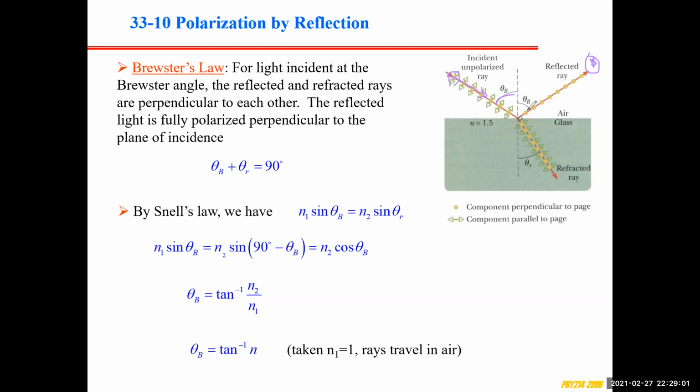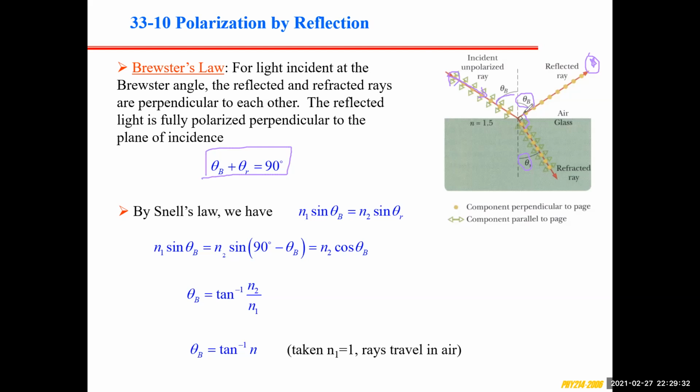When theta b and theta r add up to 90 degrees, meaning that the reflected ray and refracted ray are perpendicular to each other, then the reflected ray will be polarized. So when theta r plus theta b is equal to 90 degrees, then this ray is polarized, and that is the condition for that to happen.